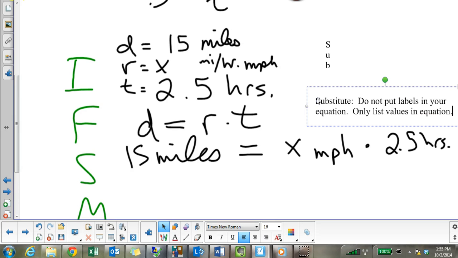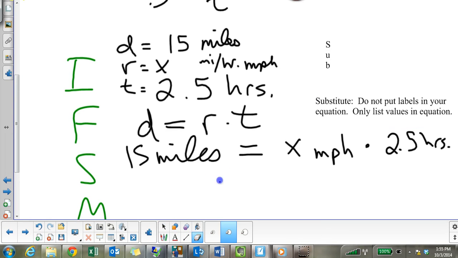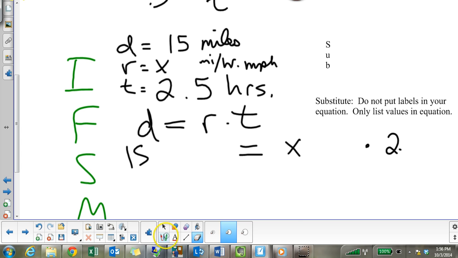All right, so let's see what this looks like when I get rid of the labels. So now it just looks like 15 equals x times 2.5. Or we would say 2.5x.